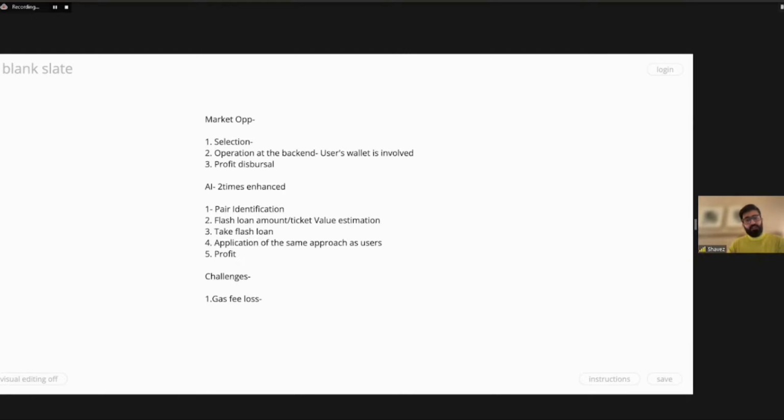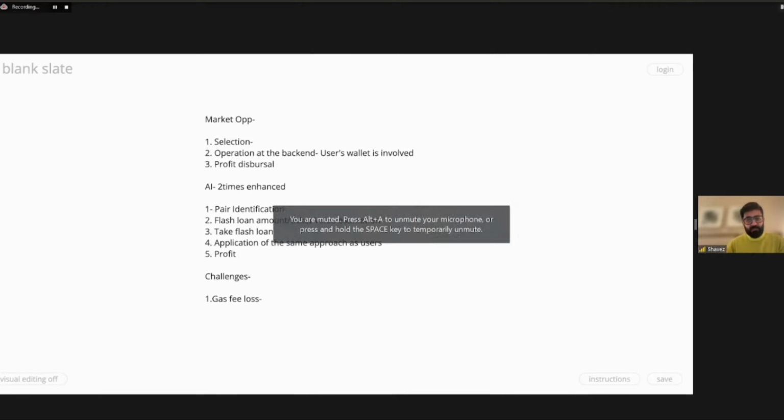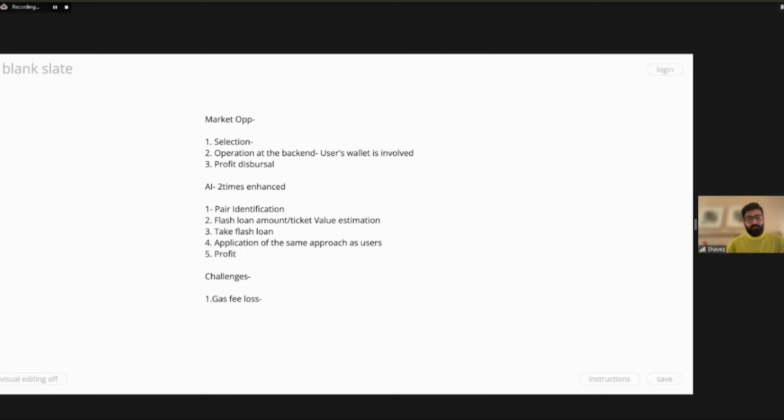So whoever gets these opportunities first wins, and Boomerang AI will ensure that its user wins, because the time which you were taking as a user to take the opportunity, put it in manually in the DApp and then execute, then your MetaMask may take time.